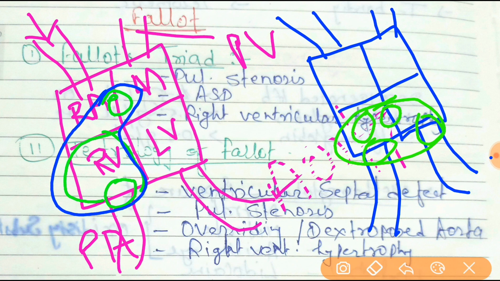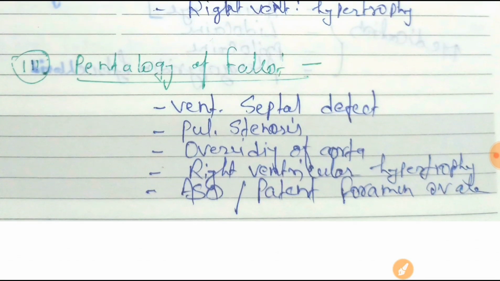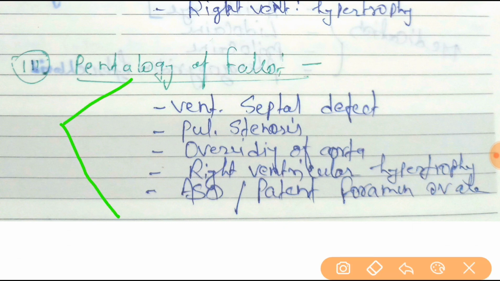Okay, then what is next is pentalogy of Fallot. Again, draw a diagram like that.